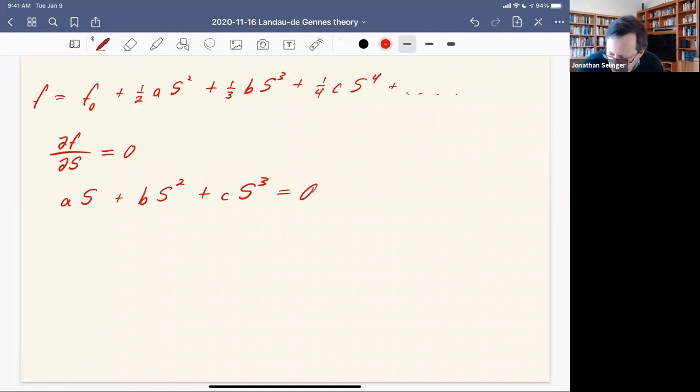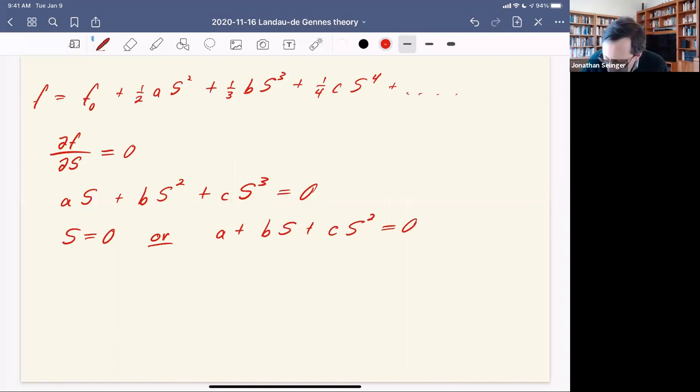You see that the numerical factors cancel because of the clever choice of fractions there, and there. That's why people do it. So this is a cubic equation to solve. Luckily, it factorizes. So we could say S equals 0 or A plus B S plus C S squared is equal to 0.